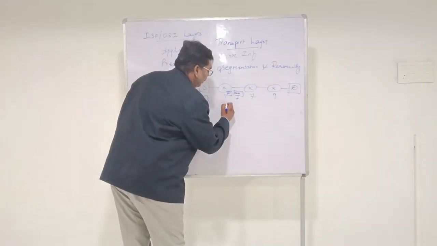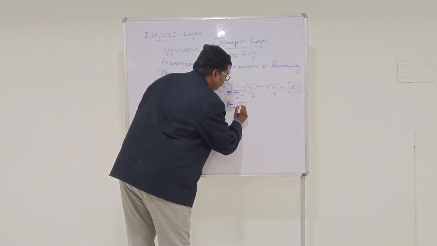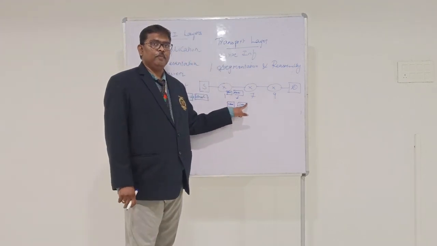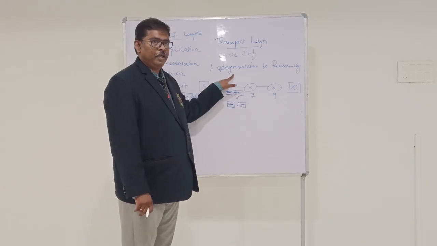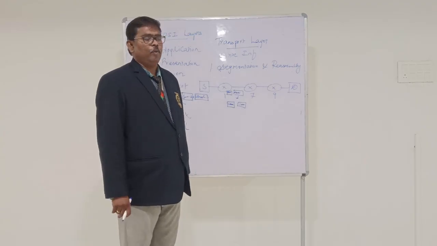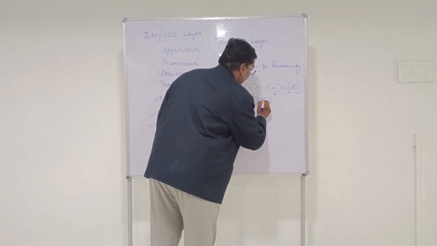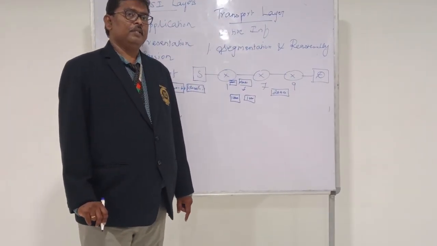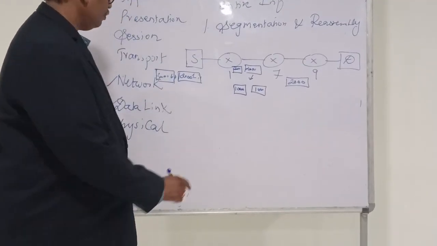Because the router is not able to handle 2000 bits, I am fragmenting it. This is called segmentation. On the other side, I convert these two 1000 bit packets back into the original 2000 bits of information. This is called segmentation and reassembly.